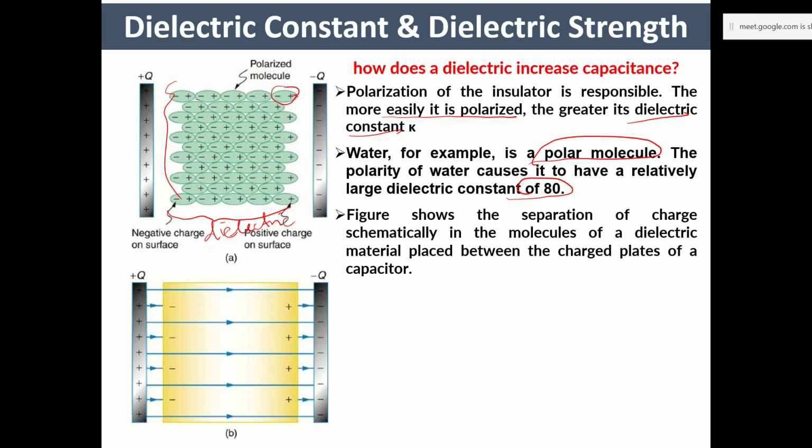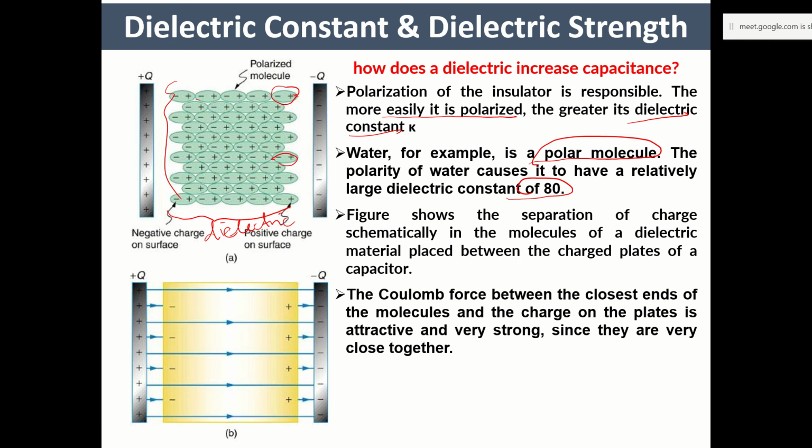So imagine a water molecule is placed and then you have plus minus. Viewing this, we can visualize the water molecule as dipoles with plus and minus ends, and then they will be arranged like this as shown in the picture on the left hand side. And the Coulomb force between the closest ends of the molecule and charge on the plates is attractive. So this is the attractive force.